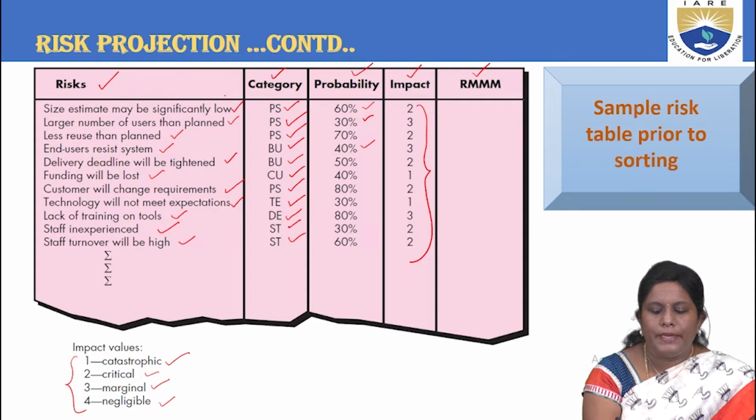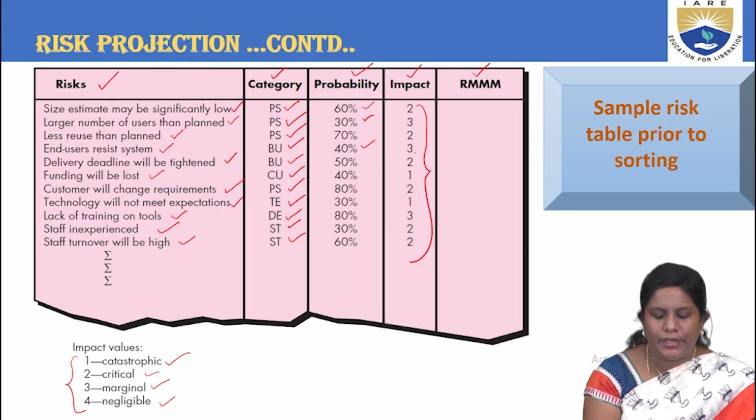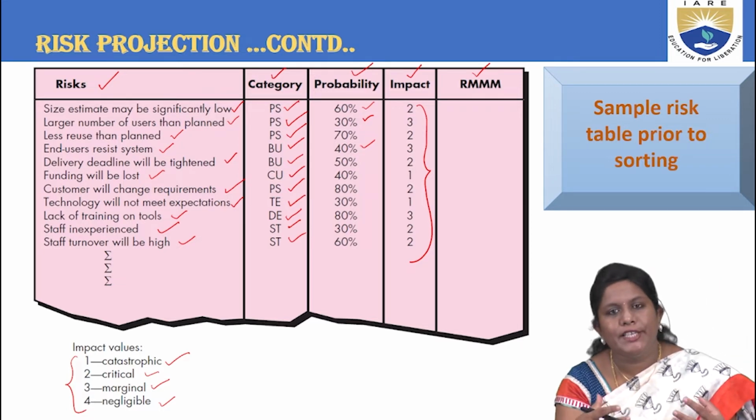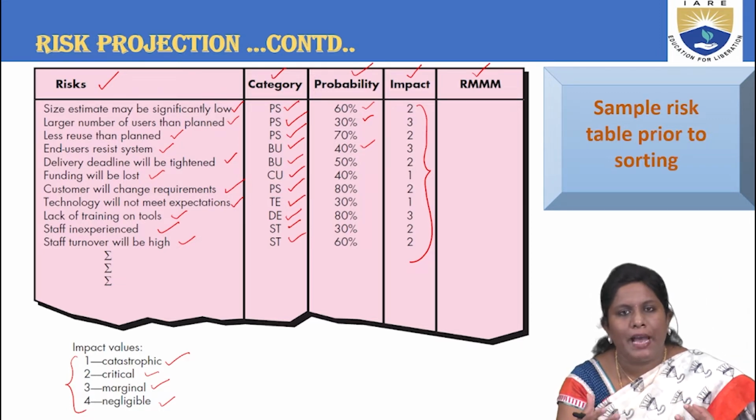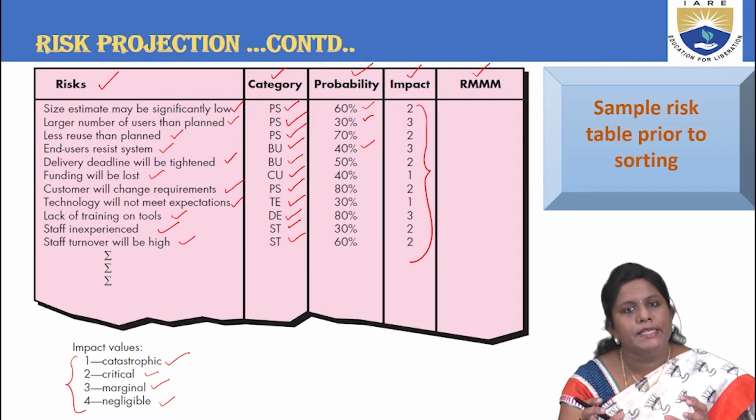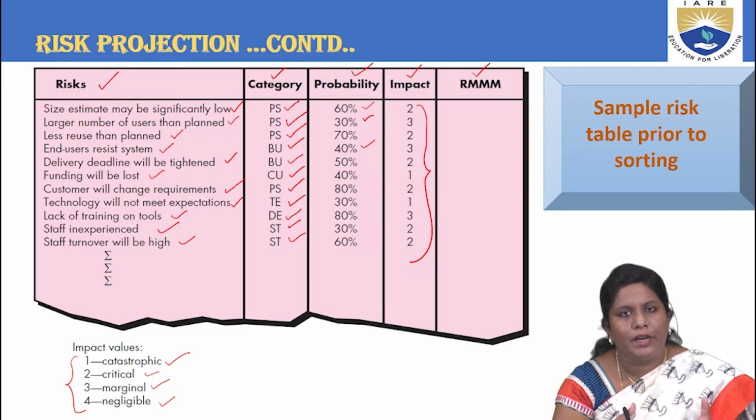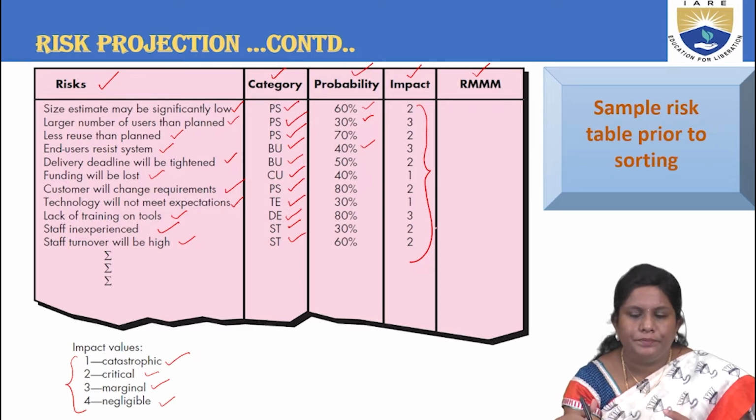So this particular one of size estimate is given impact 2, that is critical category, impact is 2. And when you say end users, it is trying to take 3, that is marginal. End users meaning you can change their requirements, try to give them the apt things. So they have put under marginal, wherein it is trying to say that it is minimal changes that can be made. So like that, basing upon these requirements, we are having the relevant impact factors towards it.